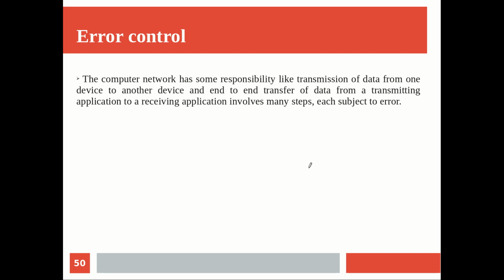So error control: the computer network has some responsibilities, like transmission of data from one device to another device, and the end-to-end transfer of data from a transmitting application to a receiving application, which involves many steps. So why are they writing like that? There are two cases that come into the picture when a sender is trying to send something to a receiver.